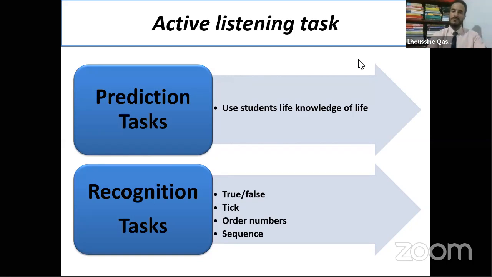But before that, we are going to have experienced teachers. They are going to teach online, and your job is to observe their ways of teaching. So please, on the WhatsApp group, if you are interested, let me know.